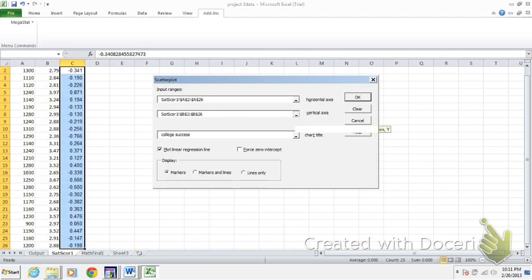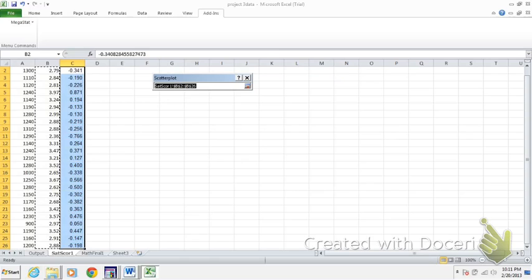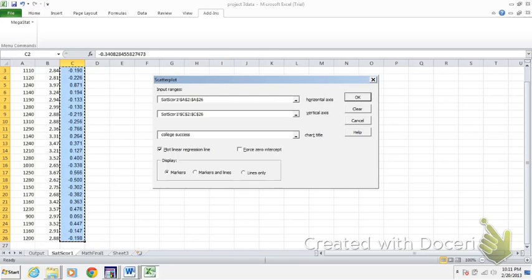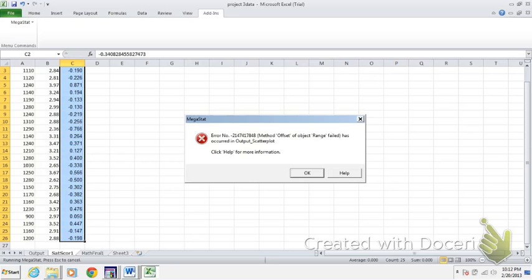But for the vertical axis, we want to highlight all those residuals instead. And then it says chart title. That's kind of neat because you can just say residual plot. And this time, I don't want a linear regression line running through it. And just go ahead and hit OK. And just ignore the message and hit OK.